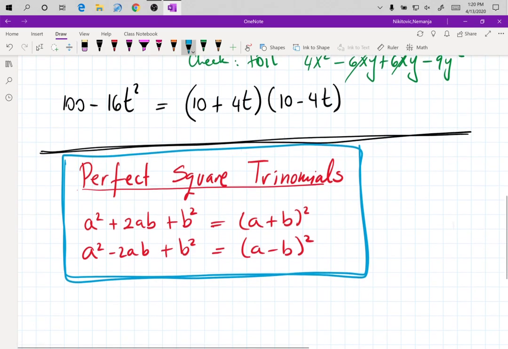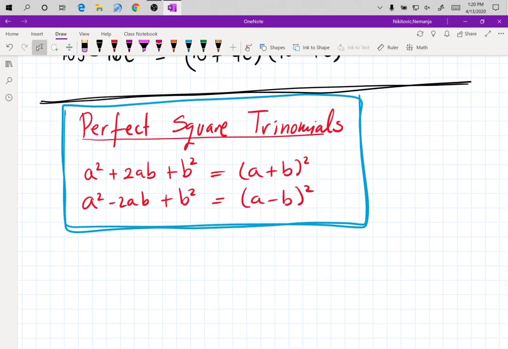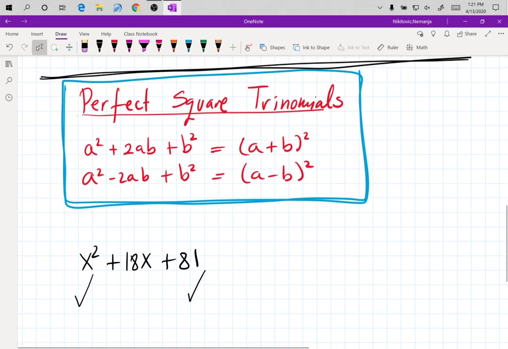Okay. This one is trickier, still doable. So let's say you have x squared plus 18x plus 81. Well, what we first notice is that we have perfect squares on two of these.